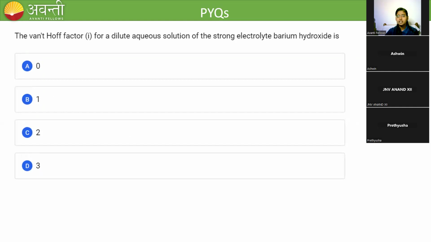The Van 't Hoff factor i for a dilute aqueous solution of the strong electrolyte barium hydroxide is. So yesterday when I was discussing the Van 't Hoff factor, I told you. So barium hydroxide, what we have to do? We have to dissociate this. How does it get dissociated into its corresponding ions?